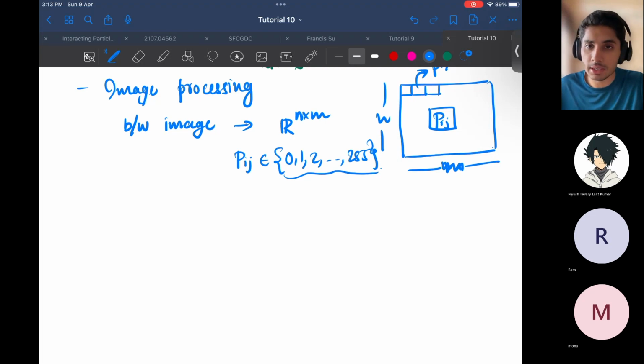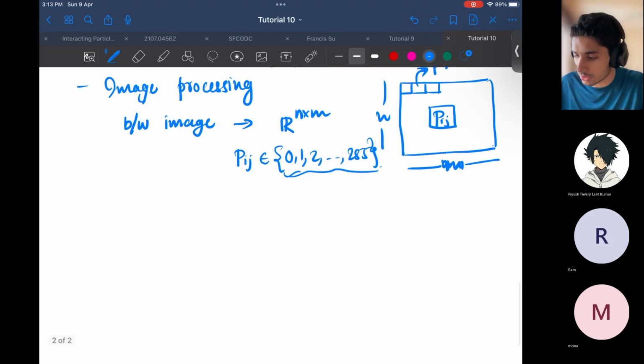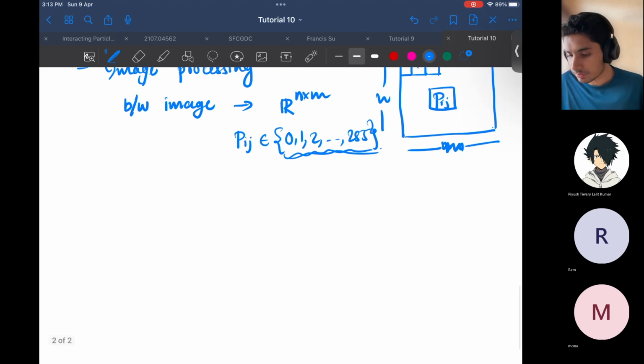For example, you are using a camera and capturing something. There is some underlying mechanism that goes into capturing that particular image. That mechanism enforces your image to take values from this set. Okay, so this was for a black and white image.